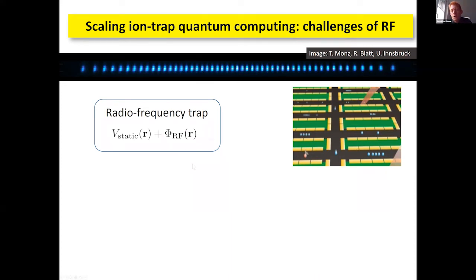And the workhorse so far has always been the radio frequency trap. But radio frequency traps actually have some pretty big problems when you start to think about scaling, in my view. So one is that the good conditions for trapping for quantum information tend to be where the radio frequency electric field is 0. So there you don't have any driven motion.